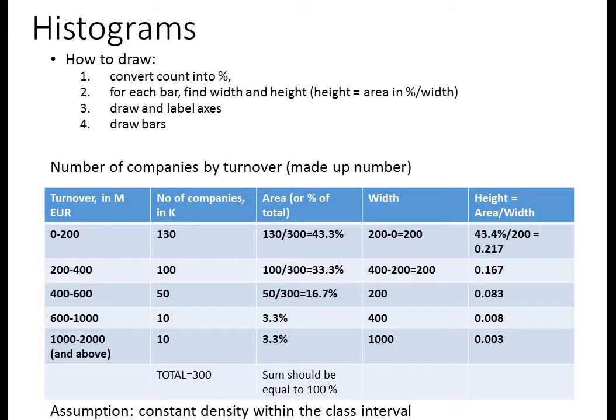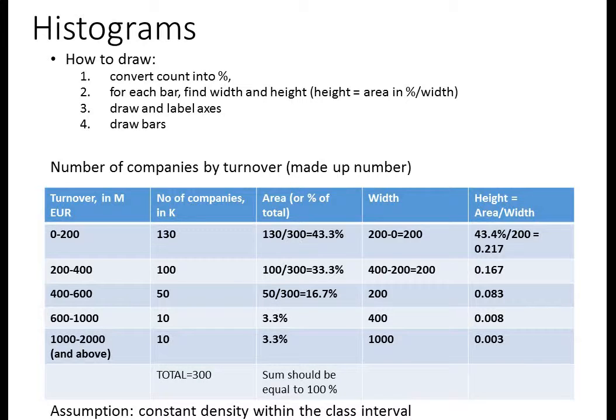Step 2, let's calculate widths and heights for each bar of our histogram. Width is column 4, and it's calculated as the difference between the upper and lower values of the turnover interval. For example, the first 200 we get by subtracting 0 from 200. The next 200 we get by subtracting 200 from 400, and so on.